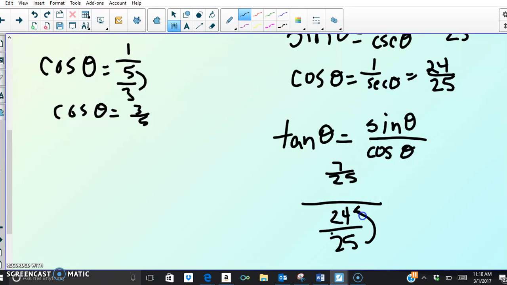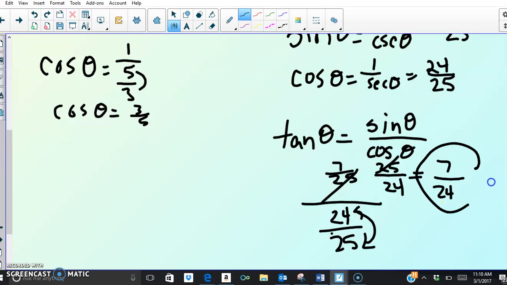So here I reciprocate and multiply. So I'm multiplying by 25 over 24. I have a 25 on top and a 25 on bottom, so those cross out. Then I just multiply across. So tangent theta equals 7 over 24.